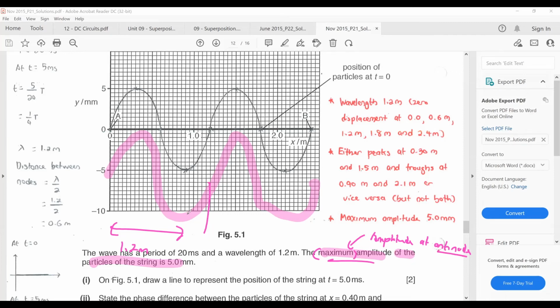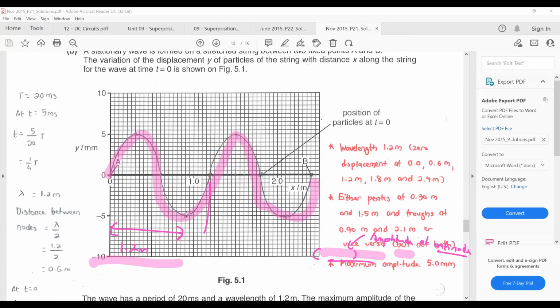Because you know that for all the particles, maximum only occurs at antinode. So when you draw that shape out just now, the maximum possible one will be 5 millimeter. So just draw it accordingly, where your wavelength is 1.2 and your maximum, which corresponds to your antinode, is 5 millimeter.